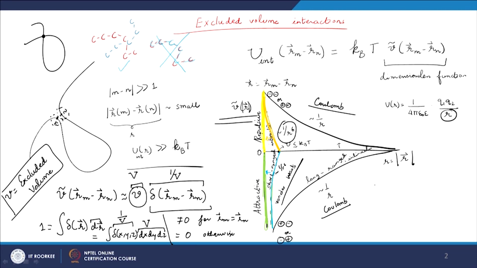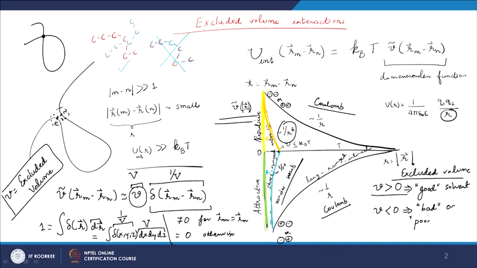Okay. So, for V higher than 0, that is for the excluded volume parameter, we call the system in the good solvent regime, because that is when we have repulsive interactions, and for V less than 0 we call it a bad or poor solvent.